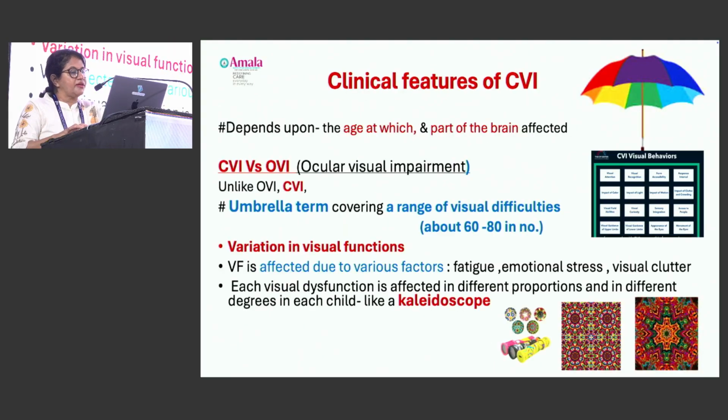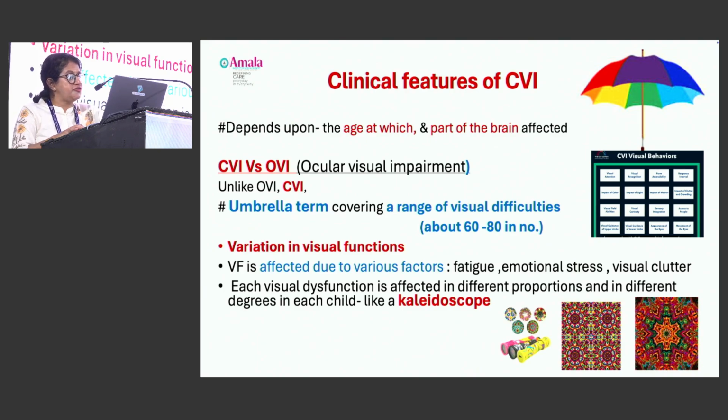Coming to the clinical features, it depends upon the age at which and the part of the brain affected. We have to differentiate CVI from ocular visual impairment, or OVI. CVI is an umbrella term covering a range of visual difficulties, around 60 to 80 in number. The important thing is there will be variation in visual functions.